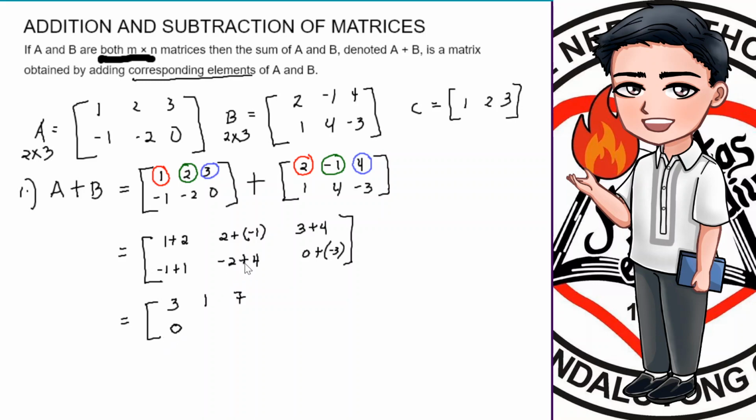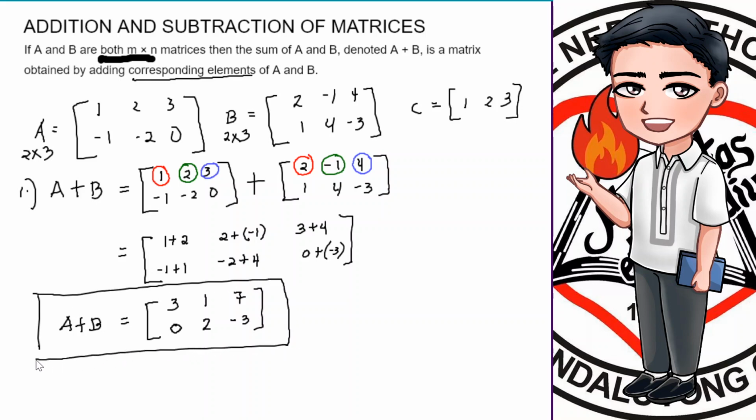Negative 2 plus 4 will give us positive 2. And lastly, 0 plus negative 3 will give us negative 3. So A plus B is this matrix. That is the first example.